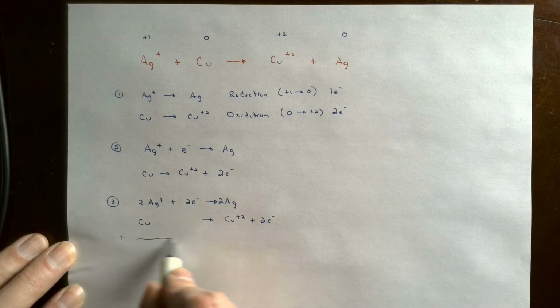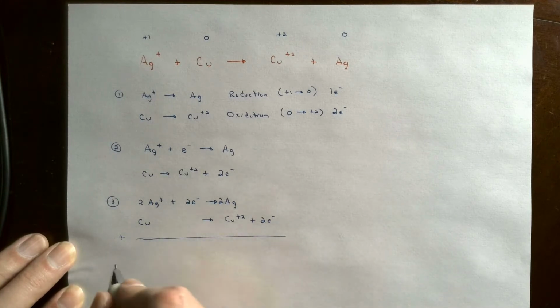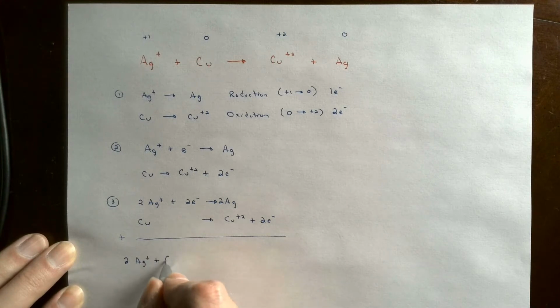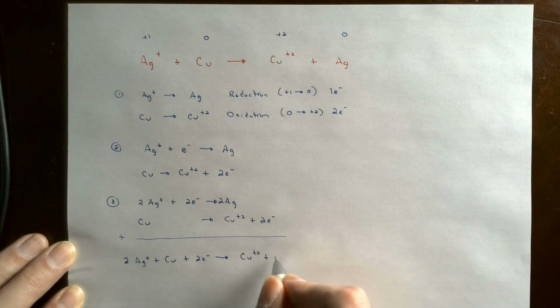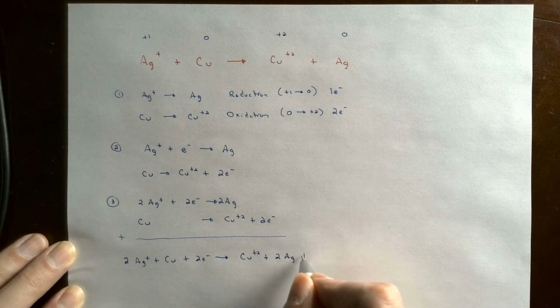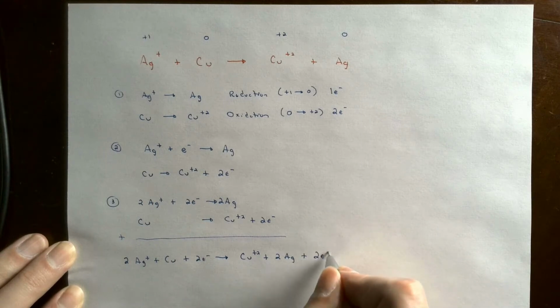In reality, what's actually happening is the sum of those two half reactions. So 2 silver ions plus 2 electrons, and copper going to copper plus 2 plus 2 electrons.